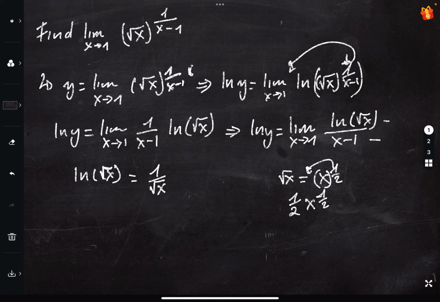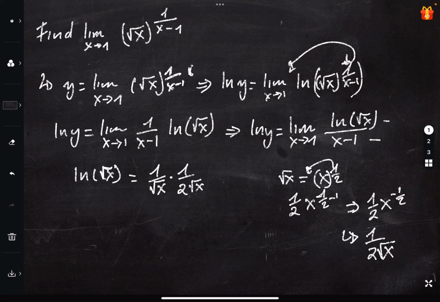x to the power of 1 over 2 minus 1, which is essentially 1 over 2 x to the negative 1 over 2, which can be rewritten again as 1 over 2 square root of x. With that, I'm going to multiply it here, 1 over 2 square root of x.